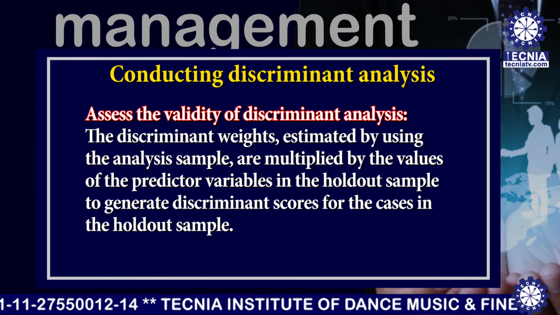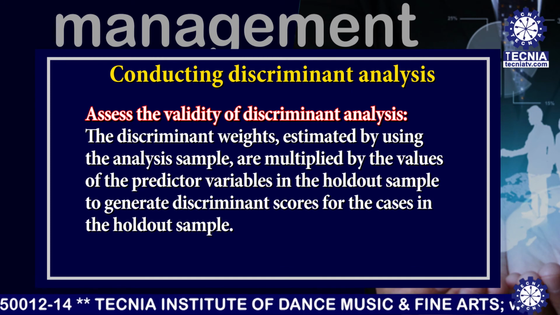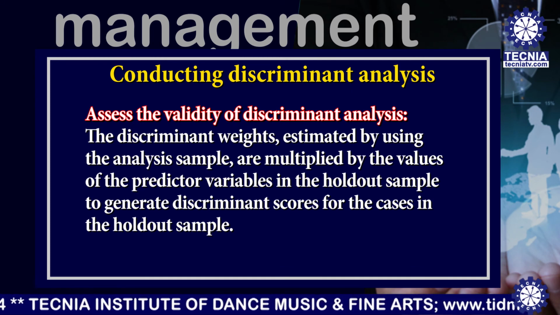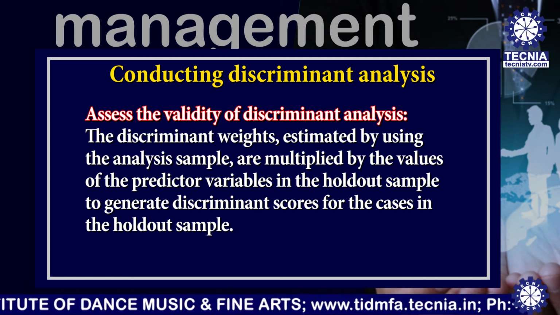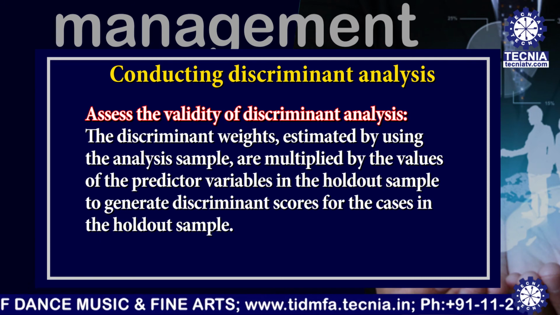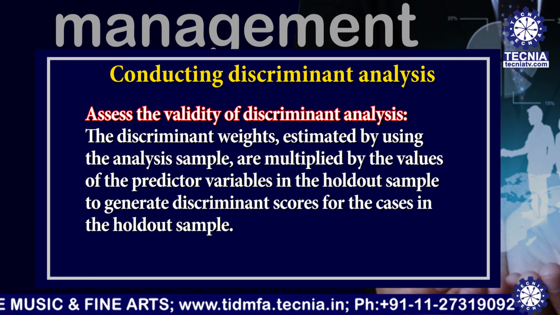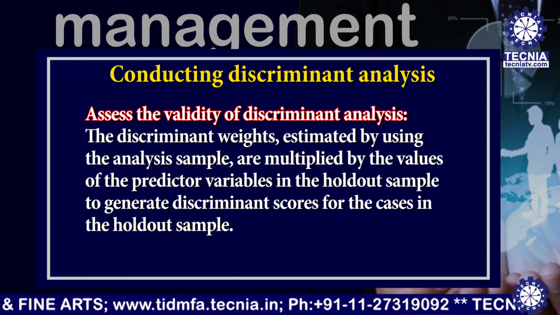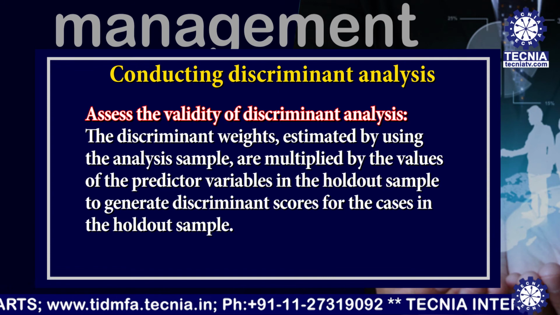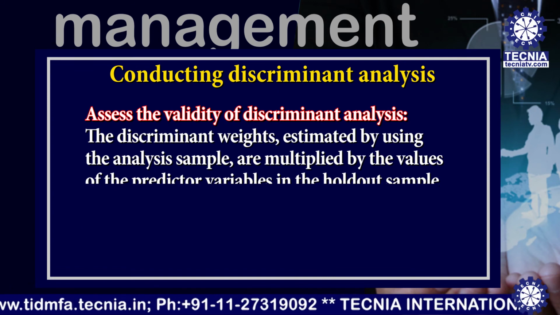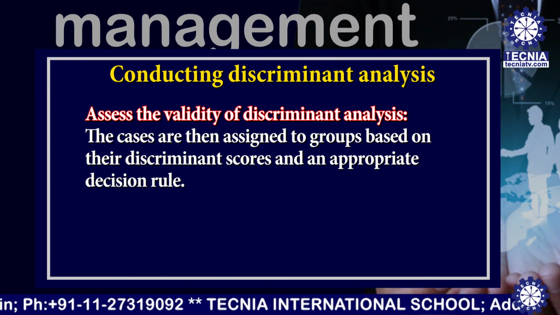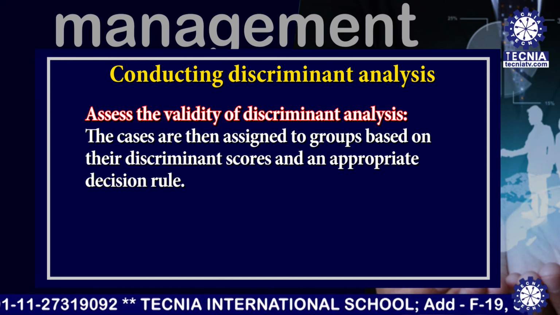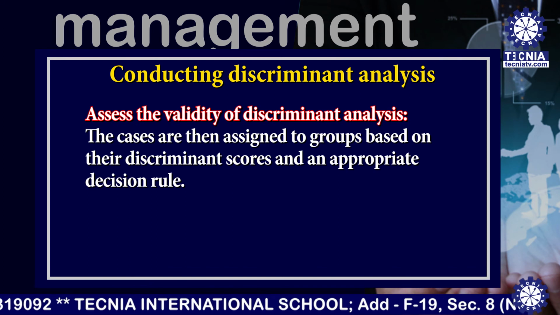The discriminant weights estimated by using the analysis sample are multiplied by the values of the predictor variables in the holdout sample to generate discriminant scores for the cases in the holdout sample. The cases are then assigned to groups based on their discriminant scores and an appropriate decision rule.